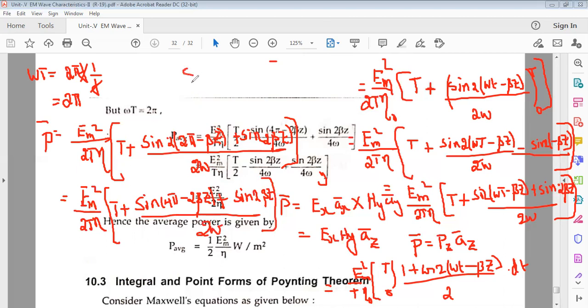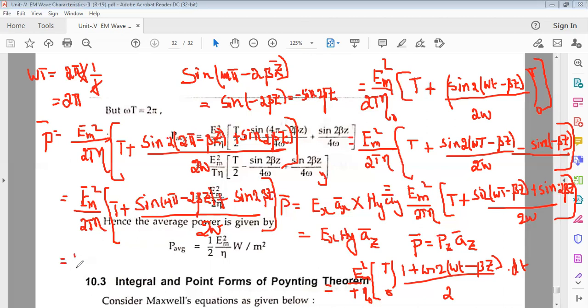You know, sine of 4 pi minus 2 beta z is equal to sine of minus 2 beta z, nothing but minus sine 2 beta z, as per the trigonometric identity. Sine of 4 pi minus theta is sine of minus theta, which becomes minus sine theta.